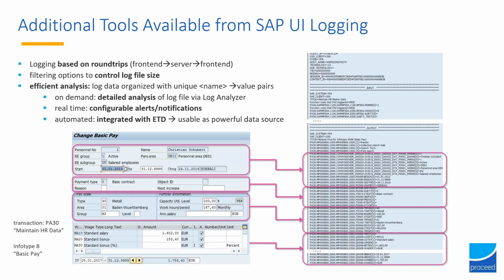Just a little thing there about UI logging. You can see there's an info type. Normally SAP doesn't log who looks at an info type, it only logs who's changed it, and UI logging would allow you to see who's looked at personal data. You can see there an example of what is being done, and on the right-hand side what the report looks like.